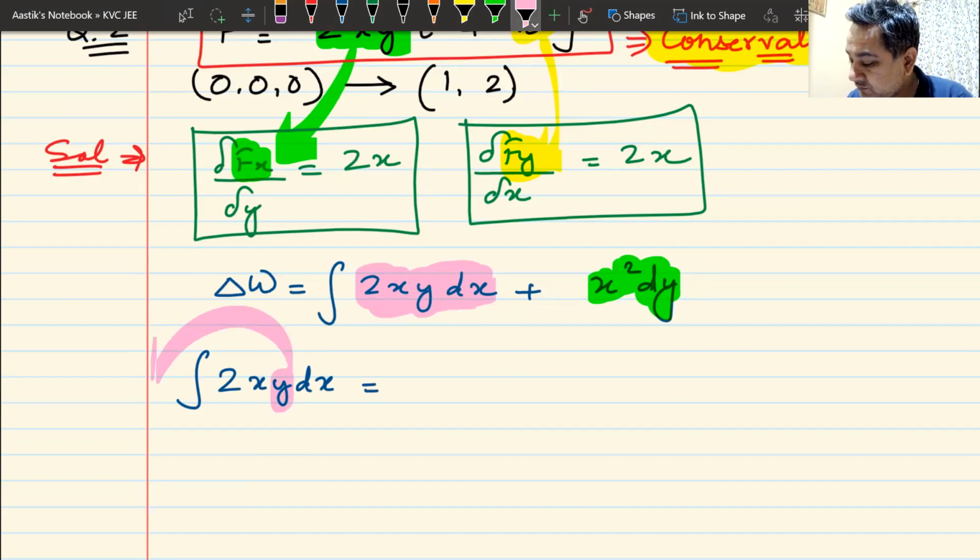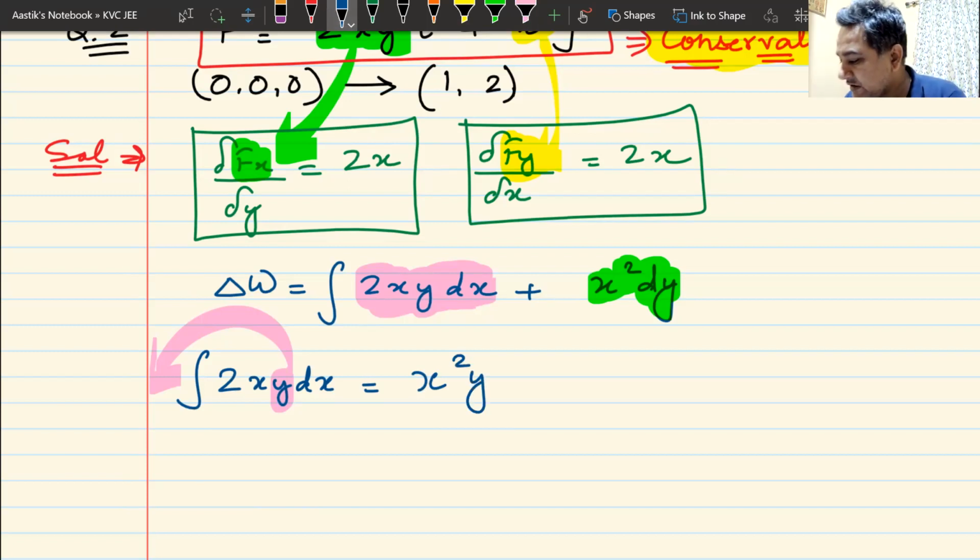So I'll assume that y is a constant, so it comes out. Then I only have 2x dx. If I integrate x dx, I will get x square by 2. The 2 and 2 will get cancelled. Y is outside. So if I integrate this, assuming that y is a constant, my integral will come as x squared y.